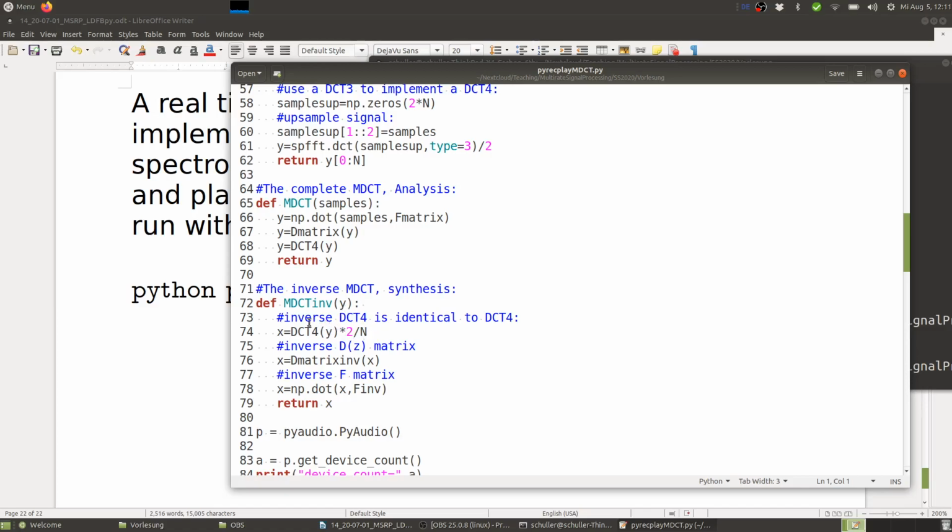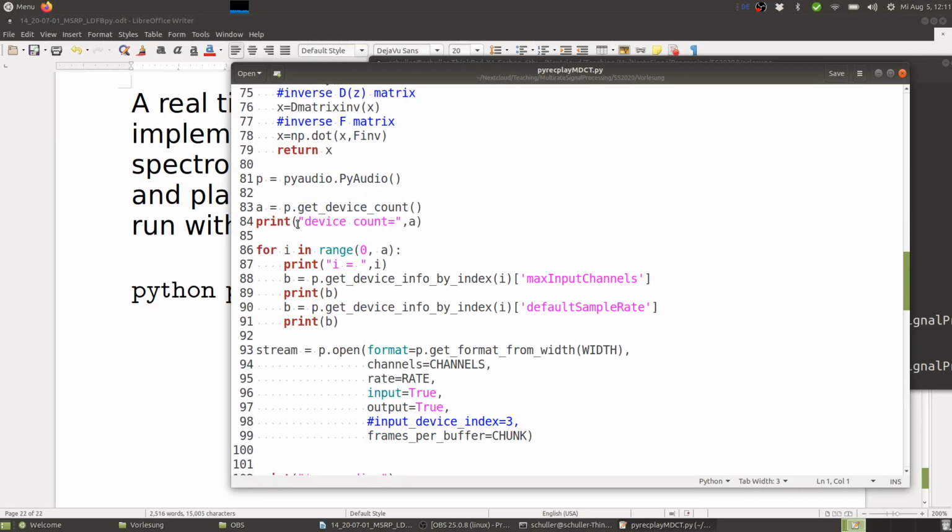So you start with the inverse DCT4, which is the same as the DCT4 times a normalization factor in this case. Then you apply the inverse delay matrix, and finally you multiply it with this inverse F matrix. And X is then the reconstructed signal, X hat.